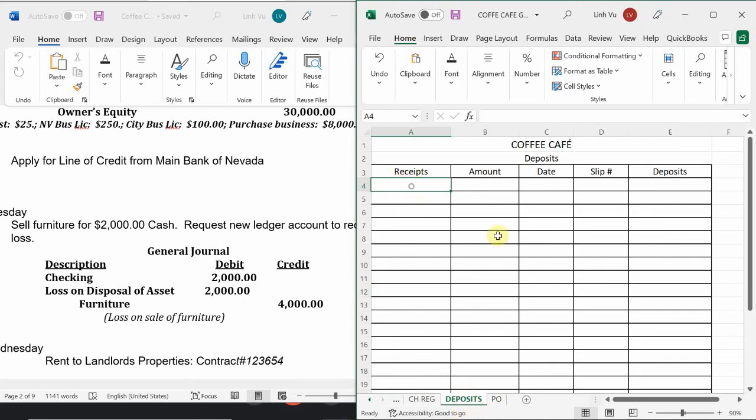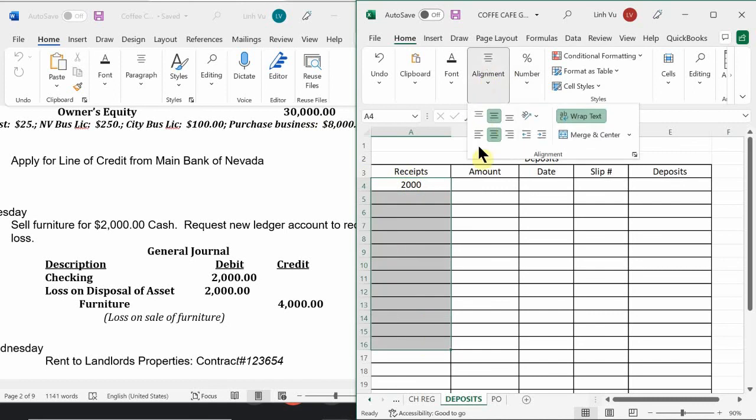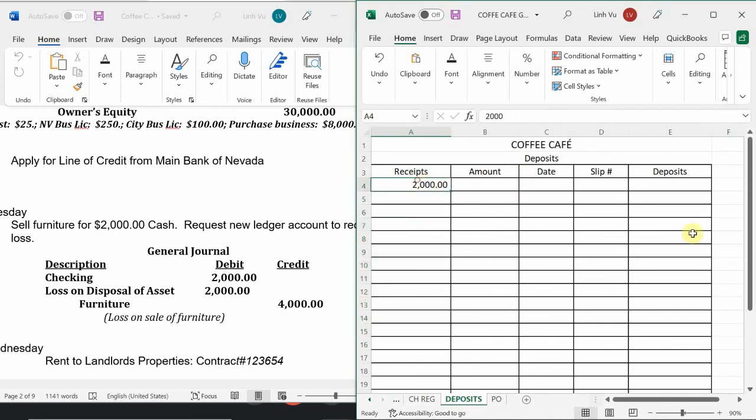So in this case, I received $2,000 from sale, okay, in the amount of $2,000.